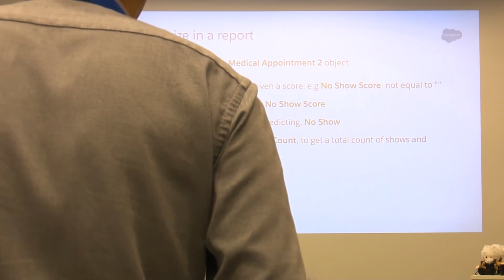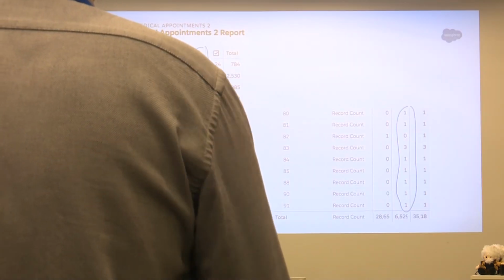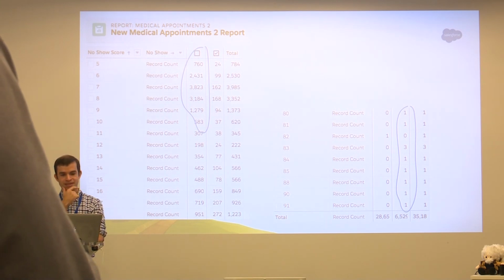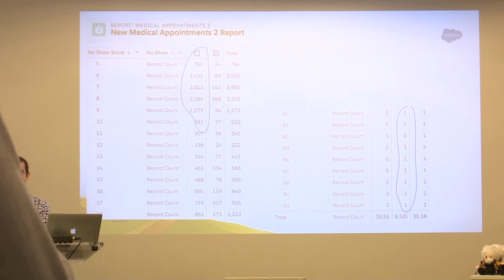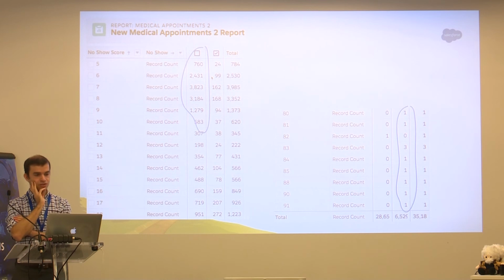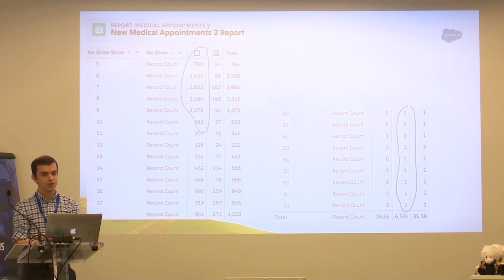So if you've done that, you should see something like this. You should see a table by scores, right? And again, what you can do is spot check. You can look at the top, and you can see that when the prediction score is low, you have more of these unchecked, which means most of these people actually showed up to the appointment. And again, not all of them.